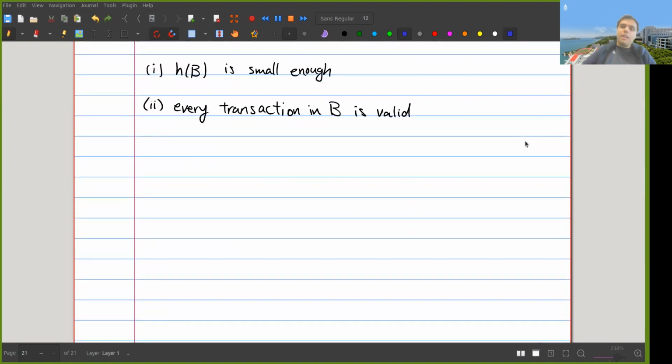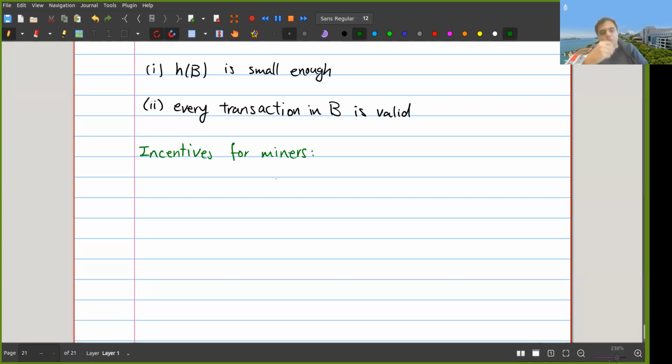Okay, but now we get to a different problem that I also want to talk about today, and that's the problem of incentives. I just talked about what the miners should do in order to add a new block. And this wasn't easy at all.